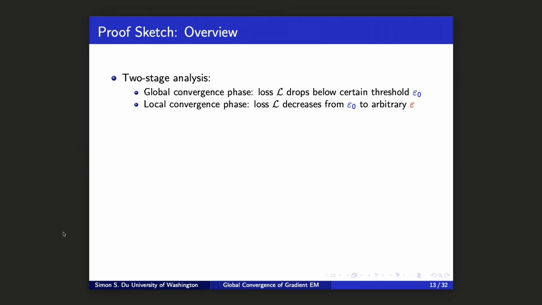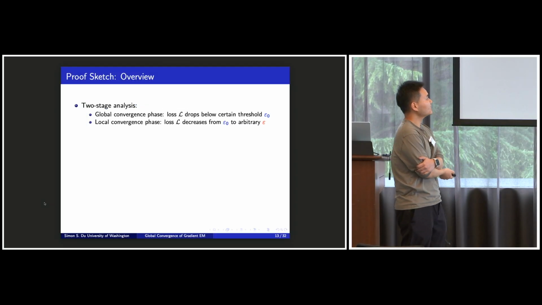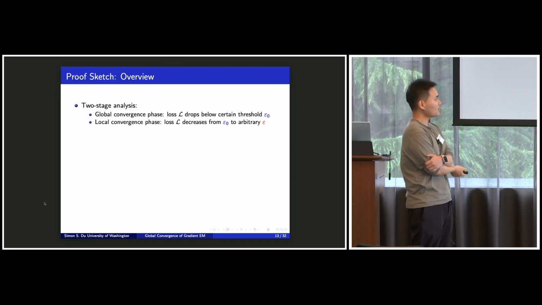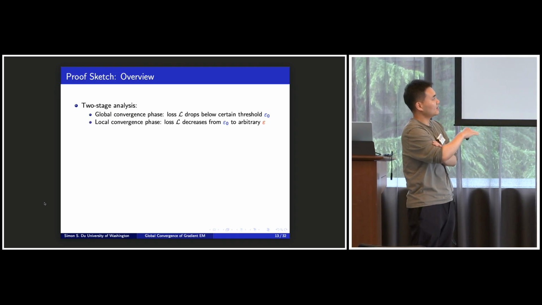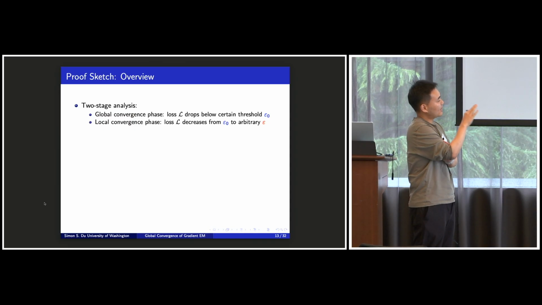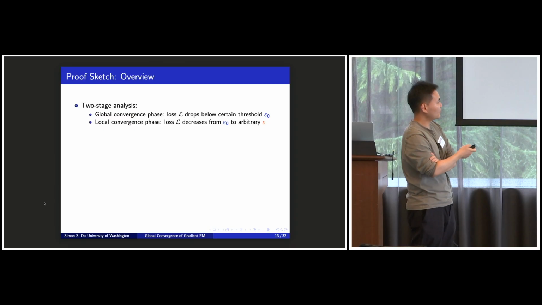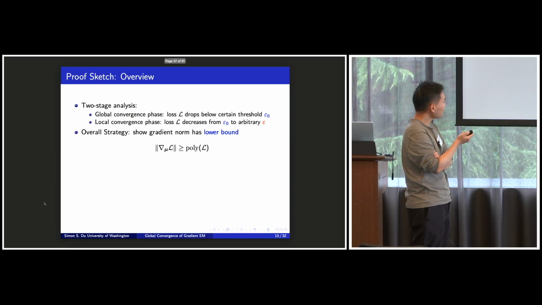So in our proof, we actually have a two-stage proof. One is called global convergence, and one is the local convergence. For the global convergence, we just want the loss to converge to some threshold epsilon 0. And then for the local convergence, we really want to converge to 0, starting from epsilon 0. Okay.